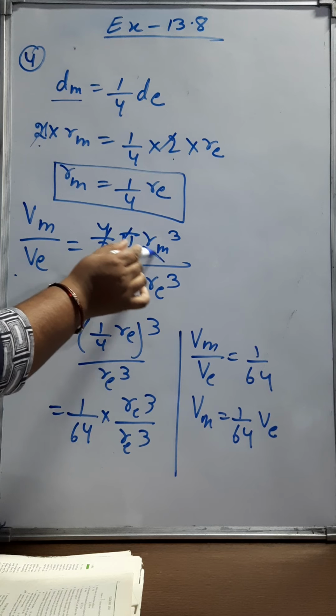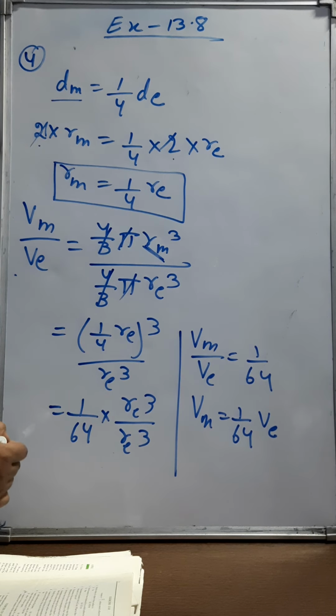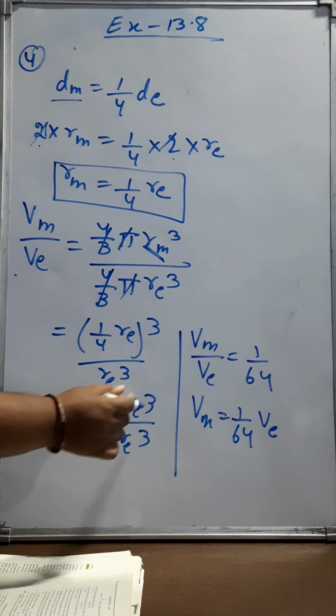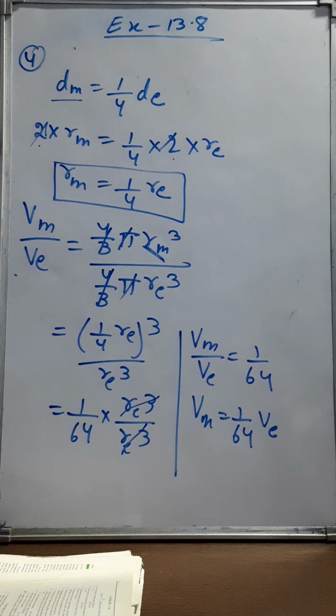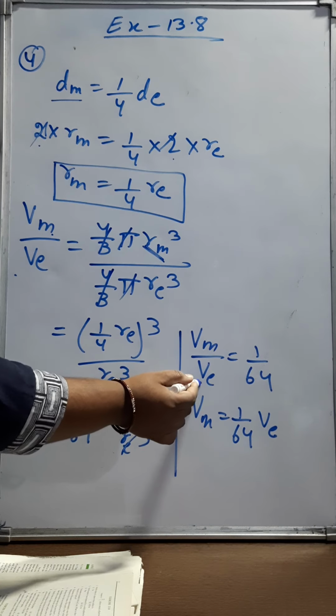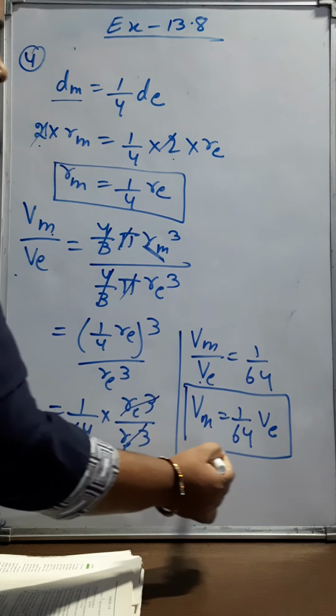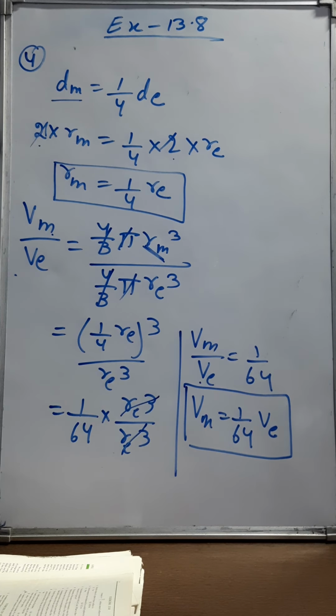Radius of moon can be replaced by 1/4 of radius of earth whole cube. So 1/4 cube will give you 1/64 radius of earth cube. So these two will also get cancelled. So we got volume of moon divided by volume of earth is equal to 1/64. When this volume of earth will shift that side, we got volume of moon is 1/64 times volume of earth.